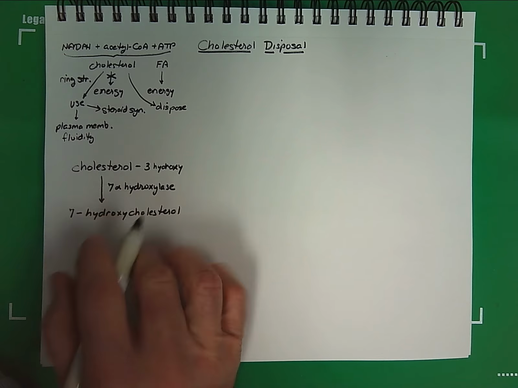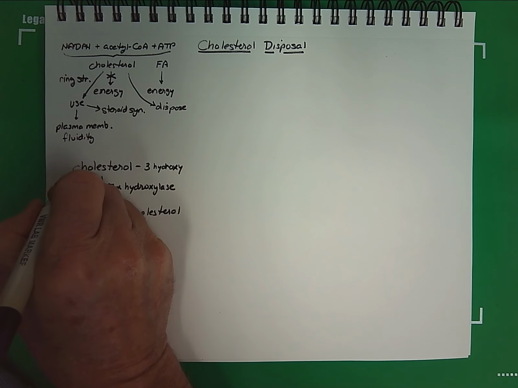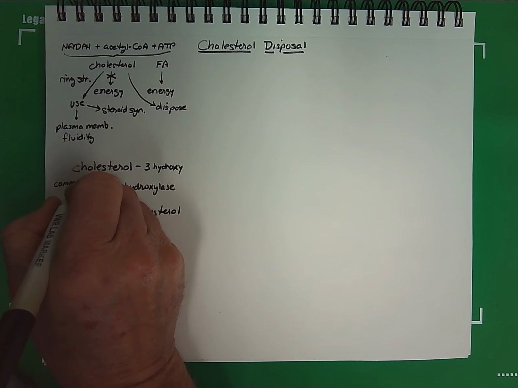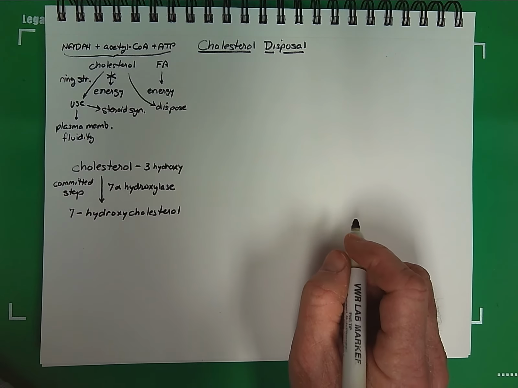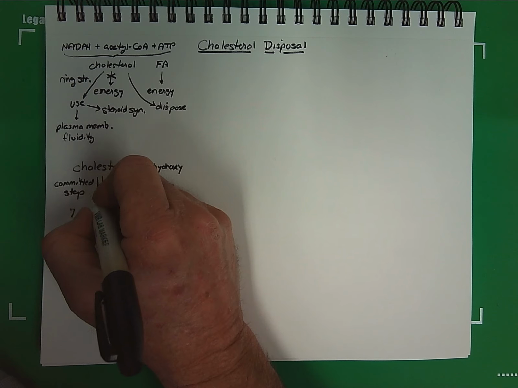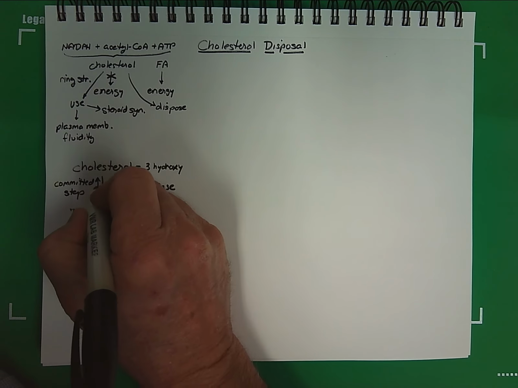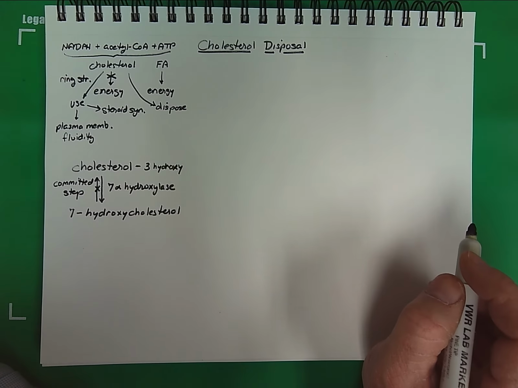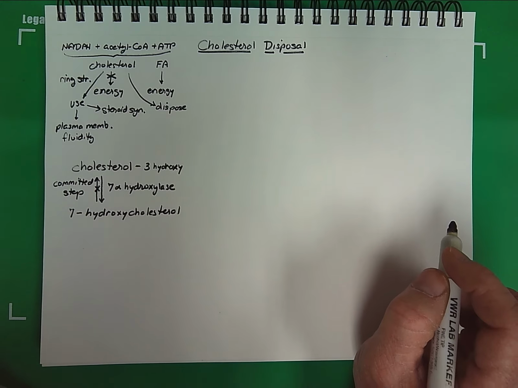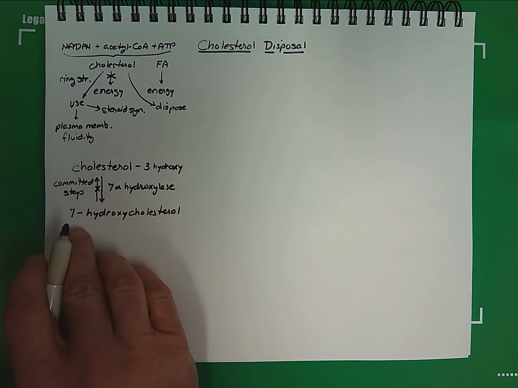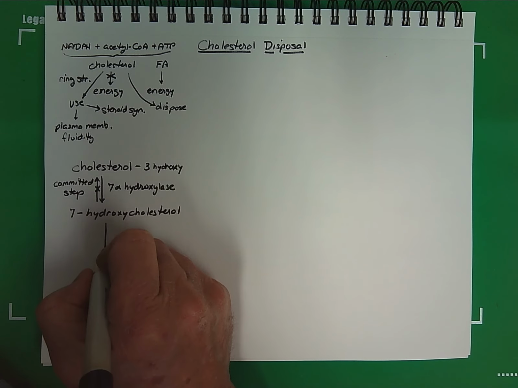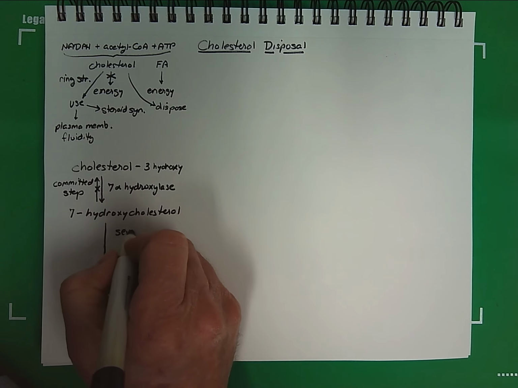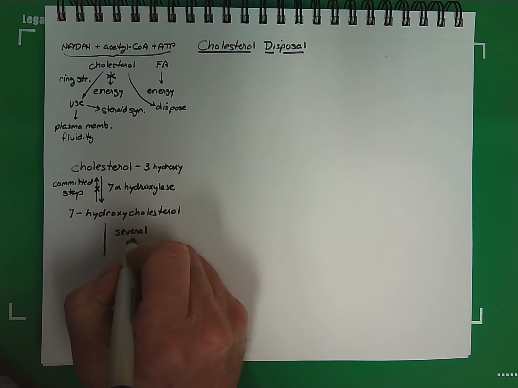The reason that this is an important step is that this is the committed step into cholesterol disposal. So this step is not reversible. Now, once we have our 7-hydroxycholesterol, there are several steps of modification.